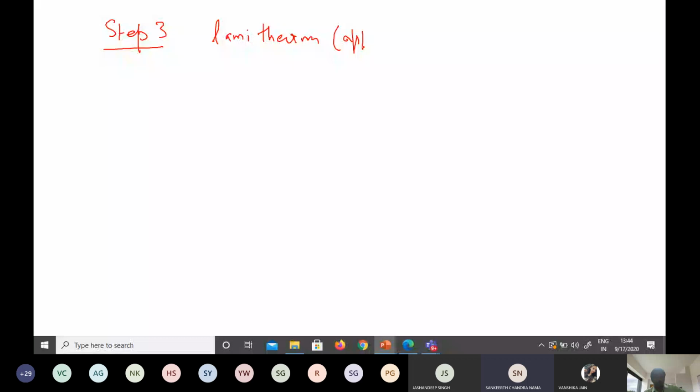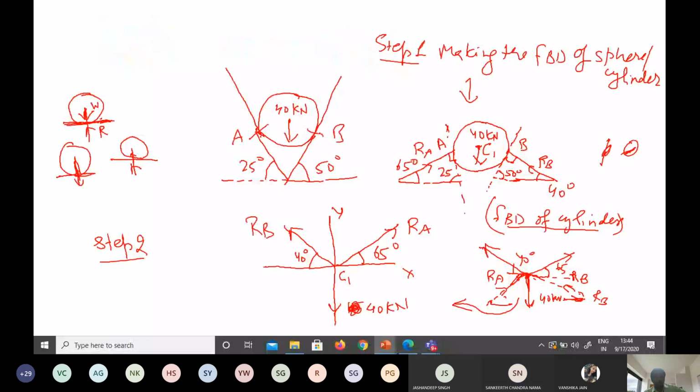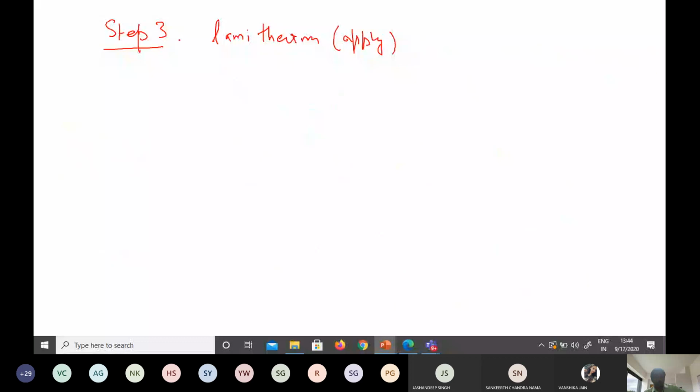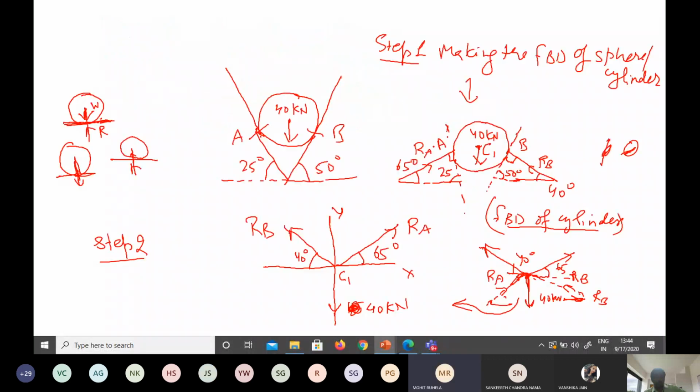We have applied Lami's theorem here. So when we apply it, what will be the values? Can anybody tell me? I am writing RA upon sine angle, RB upon sine angle, equal to 40 upon sine angle.